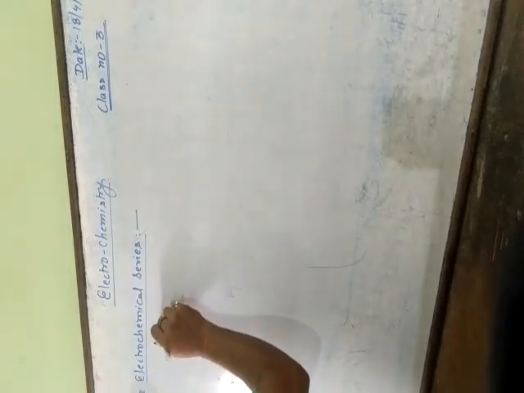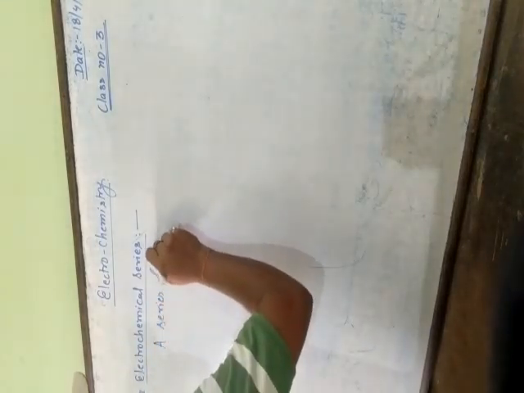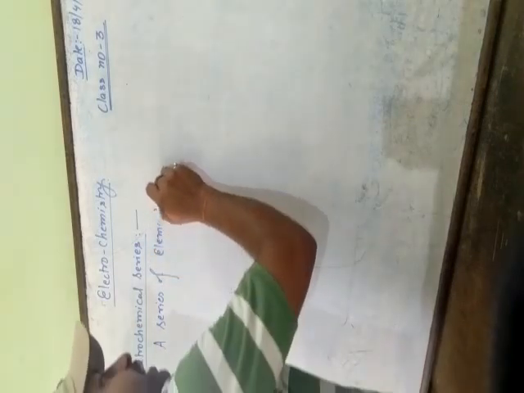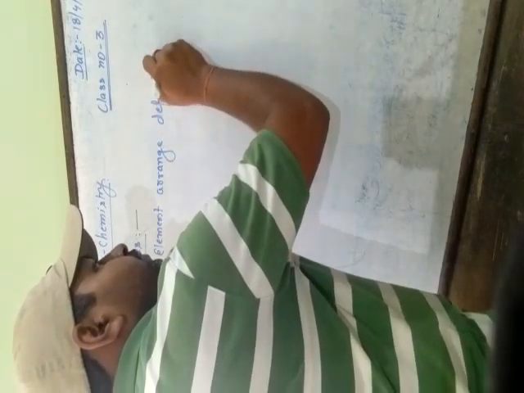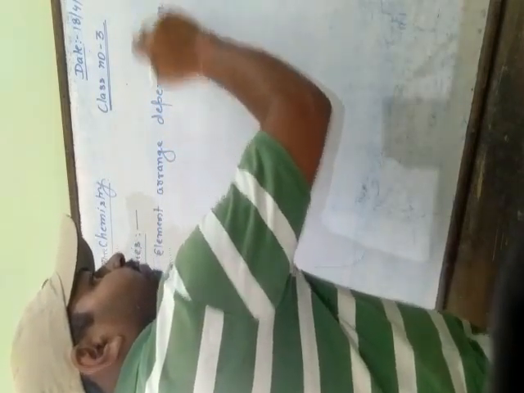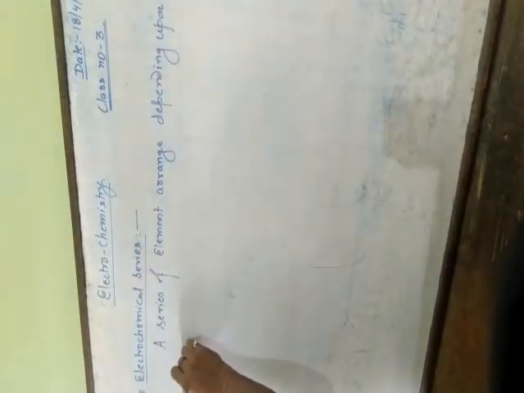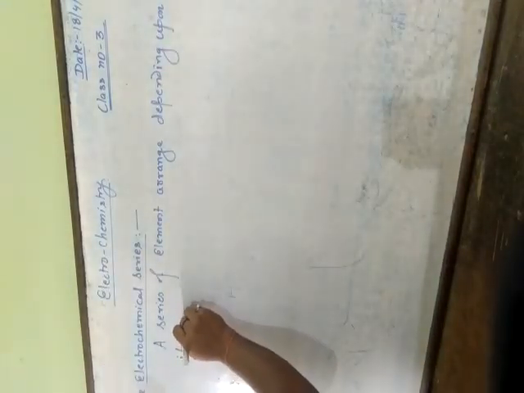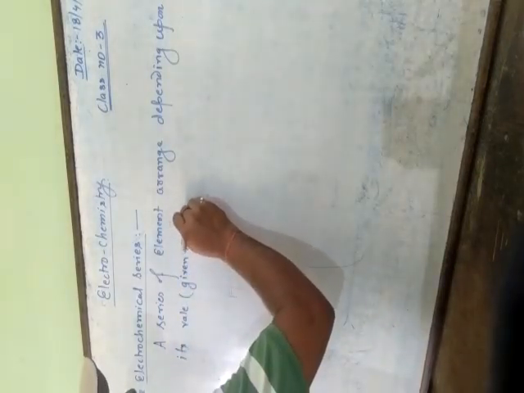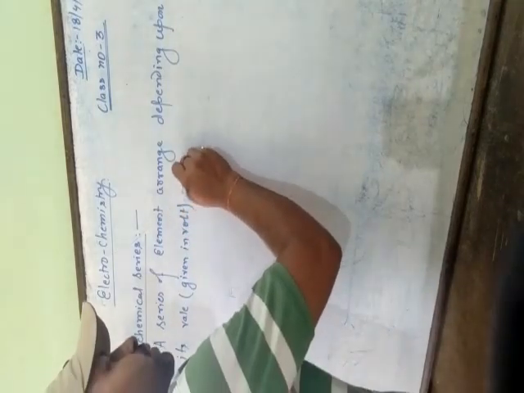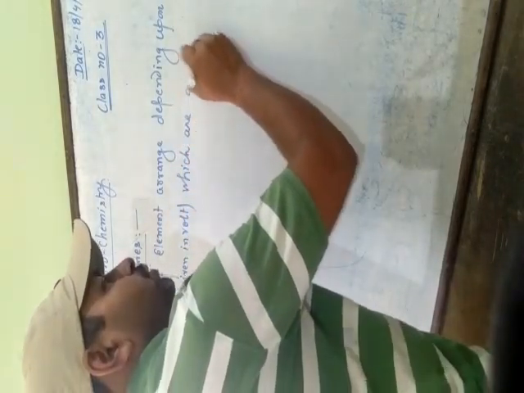Now we are going to study the electrochemical series and its applications. Students, the electrochemical series is a series of elements arranged depending upon their electrode potential values given in volts, which are as follows.